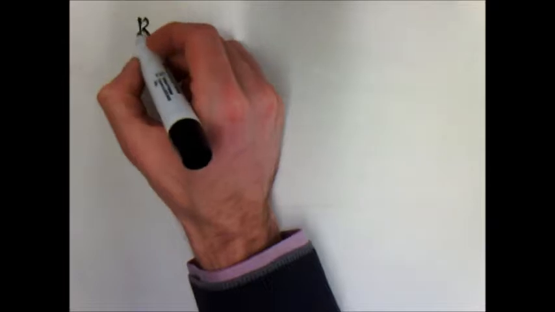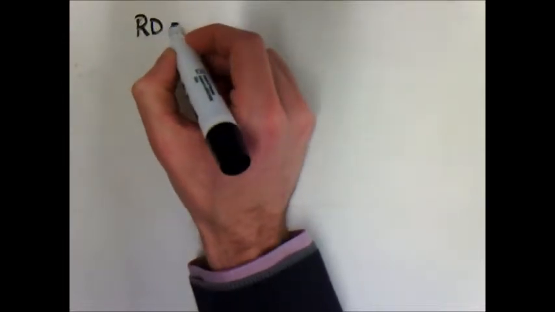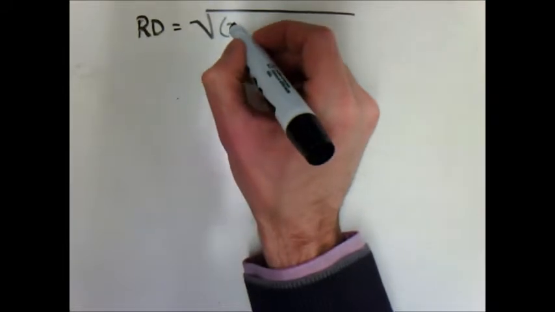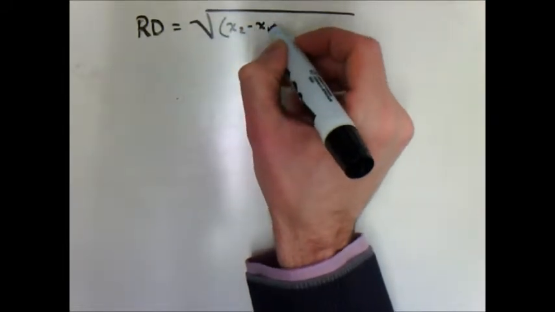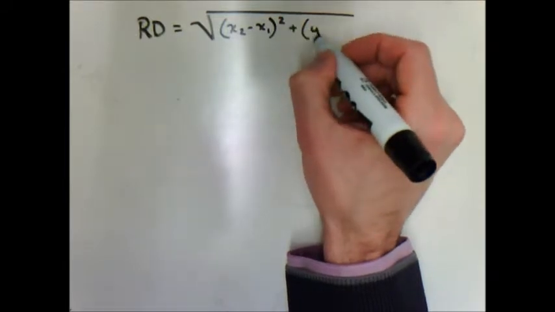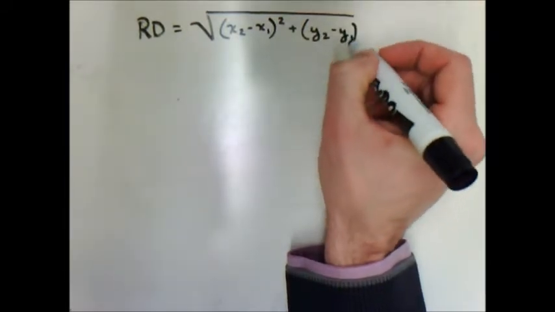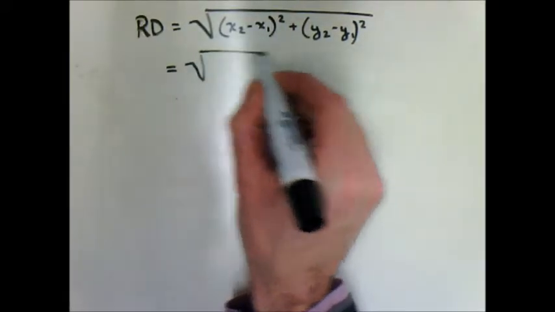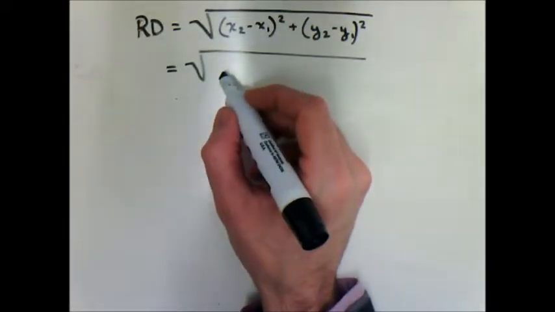B, for example 1, asks us to find the length of the new road. So which formula, Amy, are we going to use to find the length of the new road? The length of RD is going to equal the square root of the change in x squared plus the change in y squared. So we just simply sub in the points that we know.